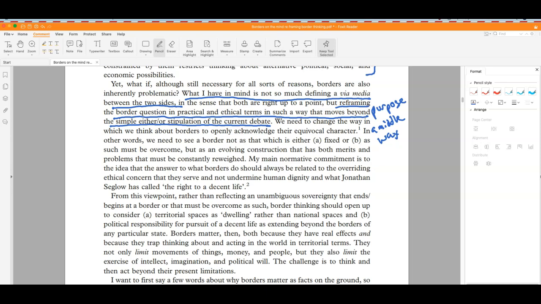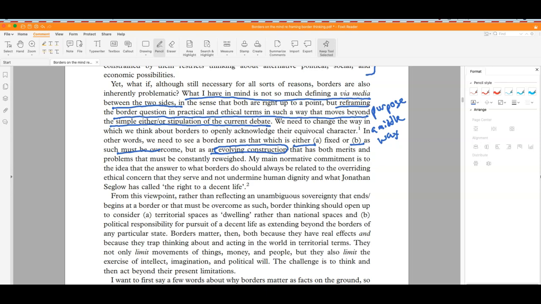And he continues with this to say that we need to think about the way that we talk about borders. We need to see them as something that is not just fixed or not just something to be overcome, but as an evolving construction. So the meaning of borders is constantly going to be changing. And from Agnew's perspective, that is not necessarily a bad thing.